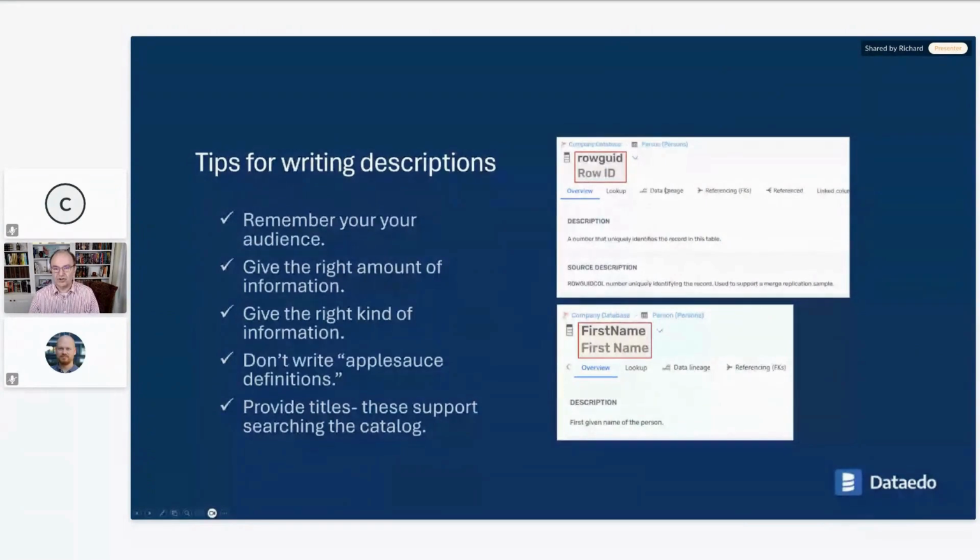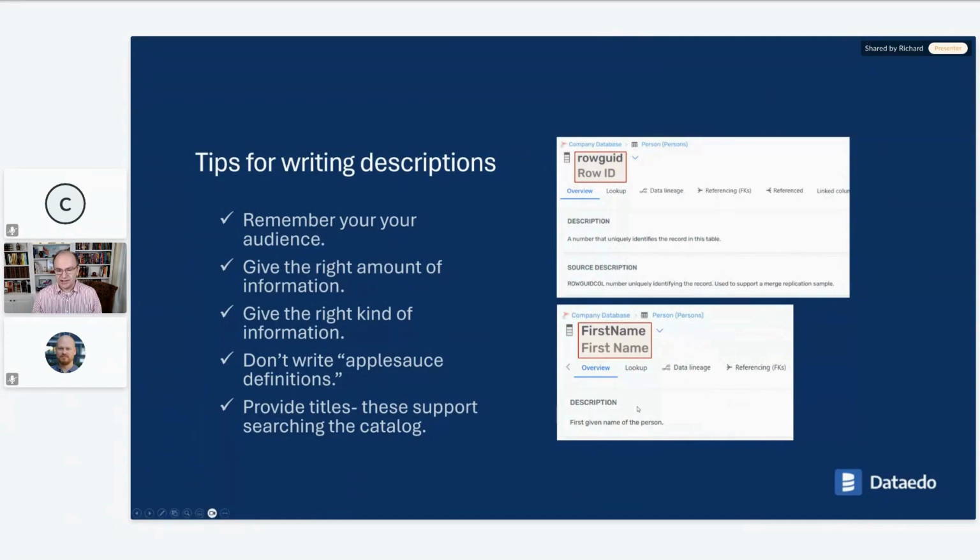And of course, we have the descriptions. Now, where the discussion about titles comes in is when you get to column names that are already descriptive and understandable. Looking at that first name column, there's no question what's in that column. But personally, my preference is to always provide a title.